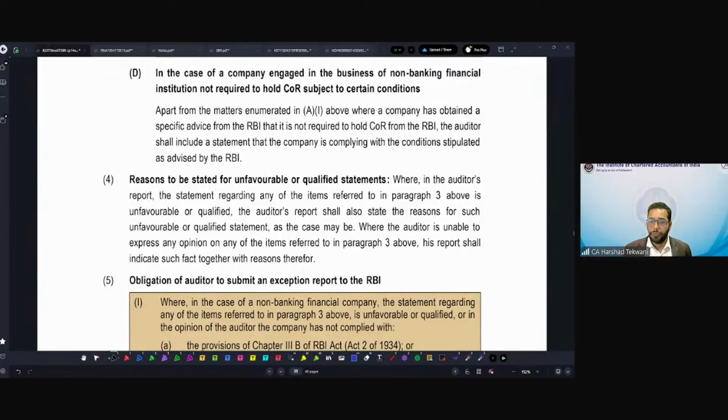Suppose a question like this comes in the exam, from where would we write? See, one important point I'll tell you. In the exam, it is not that you have to pick up some paragraph from the study material and just paste it over there. You will not find direct answers everywhere. For example, in certain chapters a summary is given, like chapters 6, 7, 8, where you don't have the detailed standards.